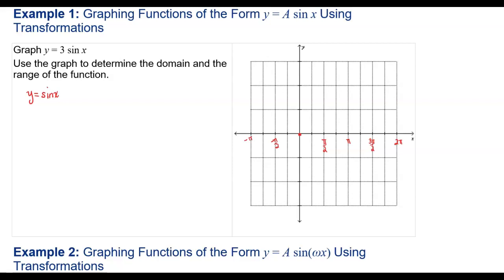The graph of sine starts at (0, 0), and we know that the range is 1. So I go to (0, 0), (pi over 2, 1), (pi, 0), (3 pi over 2, -1), and then (2 pi, 0). And then I'm going to repeat the same on the left-hand side because it's cyclical.